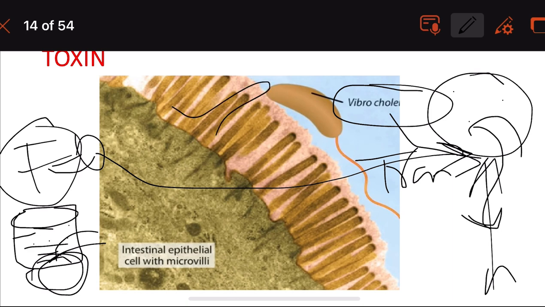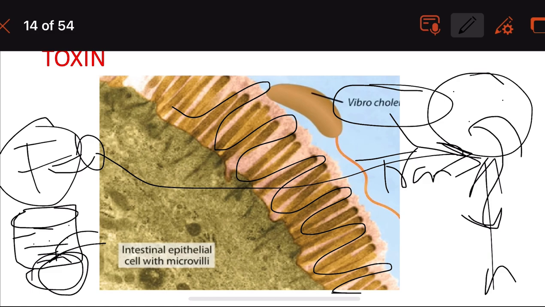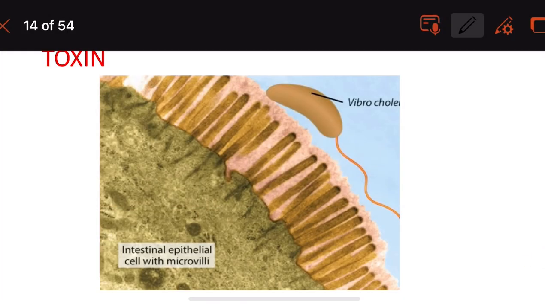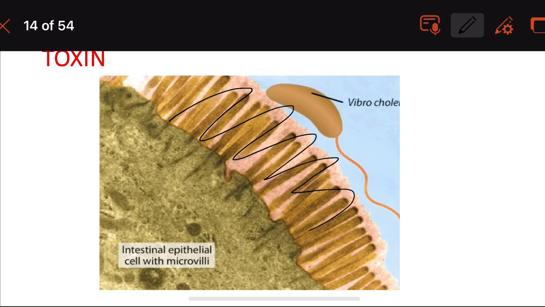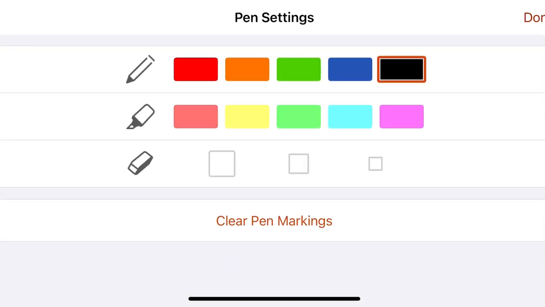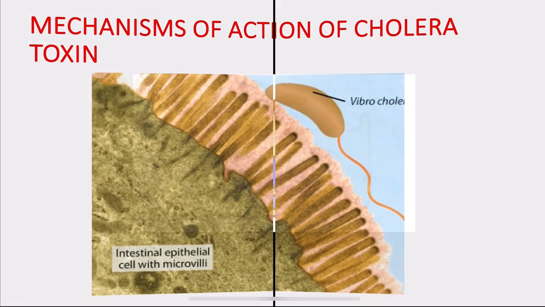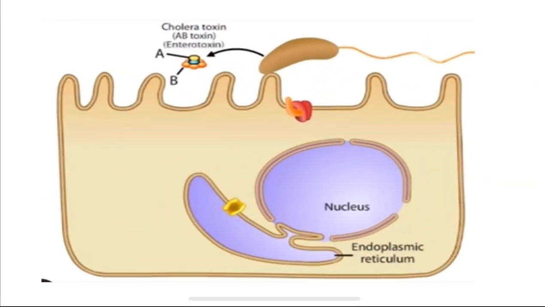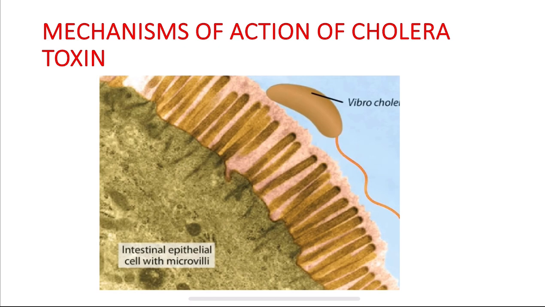In the small intestinal epithelium, the microvilli are affected. The intestinal epithelial cells have microvilli, and the Vibrio cholerae is entering the small intestine. Now what happens? This Vibrio cholerae toxin has two subunits. Imagine that this toxin has entered.